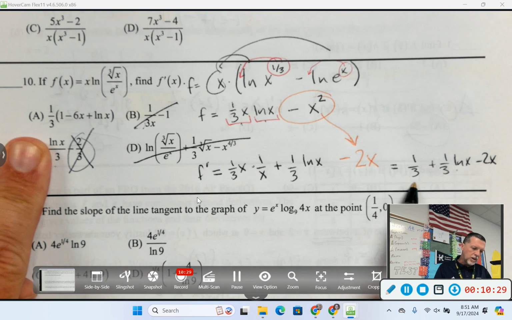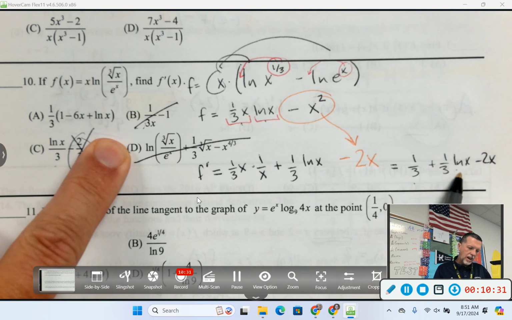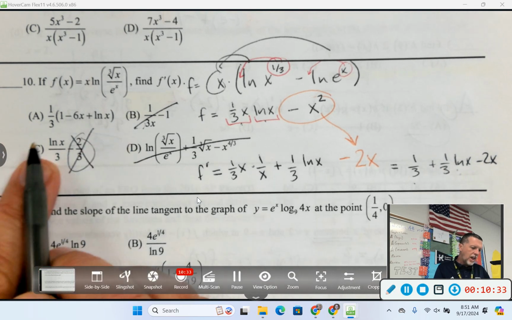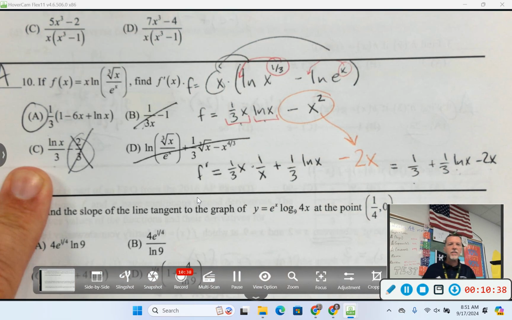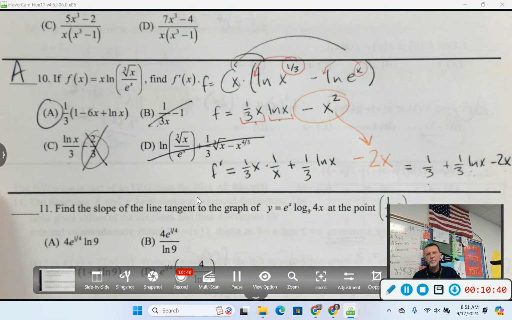That's where we get the 1 and the natural log x. And 1/3 of 6 is 2, so that's maybe a weird thing to factor out, but answer A is the right answer. That had like 3 algebra steps at the beginning, and then a couple of calculus things, and then another algebra step at the end.